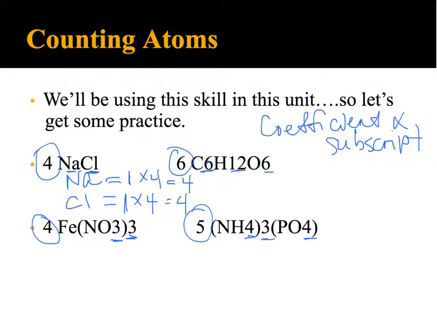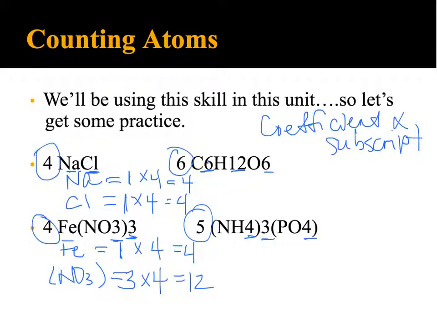You write down the elements, and in this case, I'm going to keep the NO3 together as a group, and you'll understand more about why I did that when we talk about balancing. I write down the subscript, and I multiply by the coefficient.